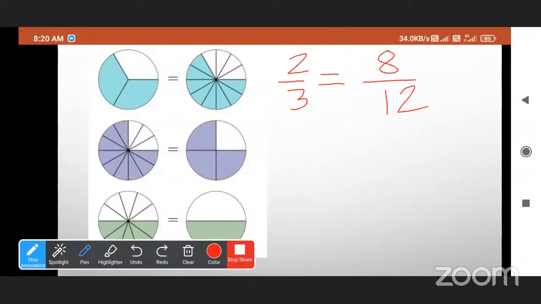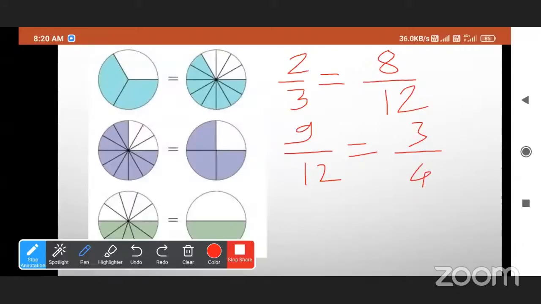Now, observe the second one. The total number of parts is 12, so it is 9 upon 12, which is equal to 3 upon 4.